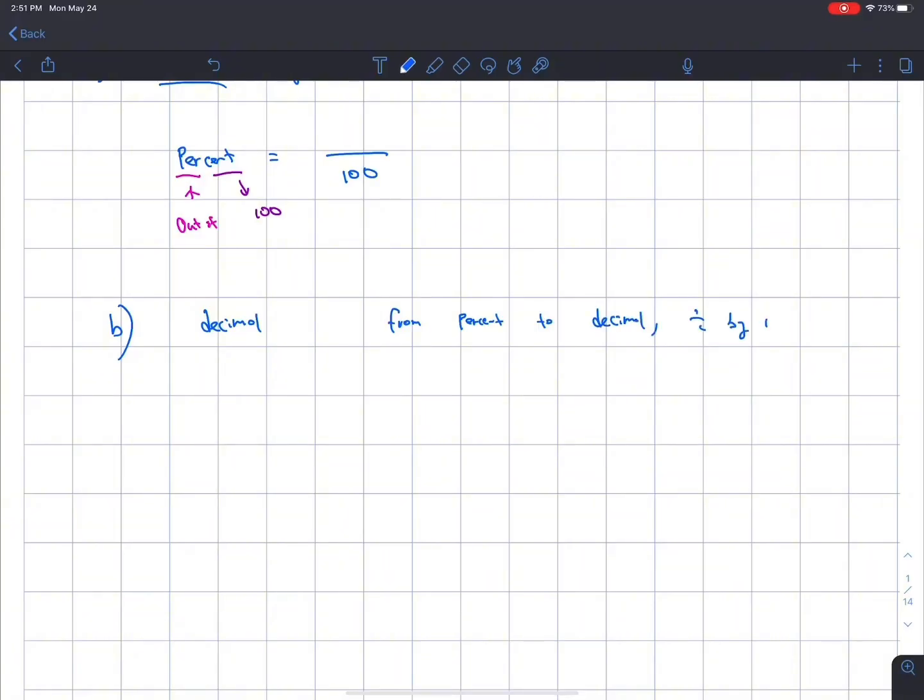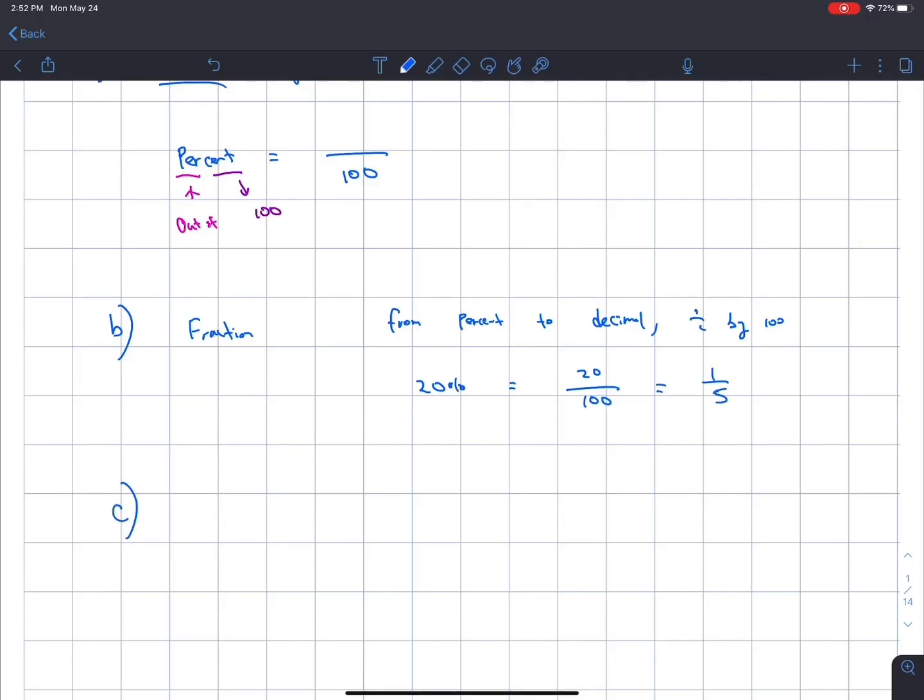To write a percentage in decimal form, well, okay, then B should be a fraction in that case. So you still divide it by 100. For example, 20% is the same as 20 over 100, and then we just simplify. We can divide both of them by 20 to get 1 over 5.